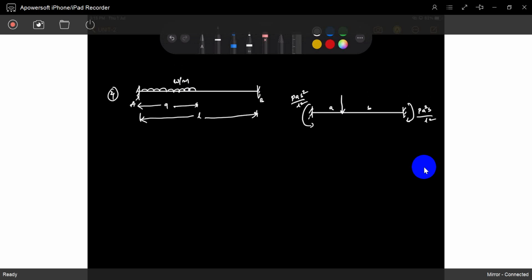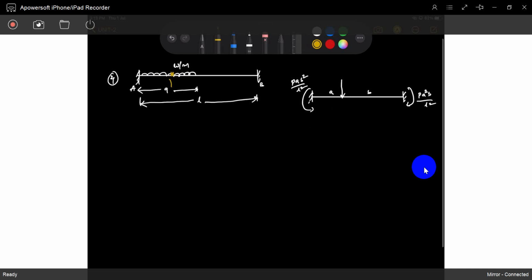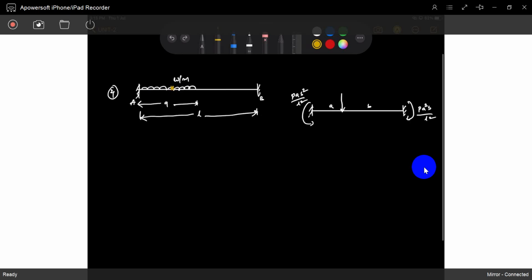So understand it. I will take a small portion of the load, a very small portion. Its length I call dx. I will draw once again.